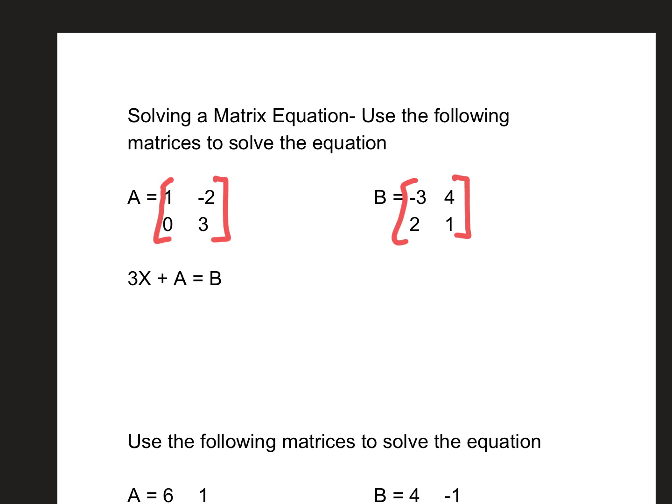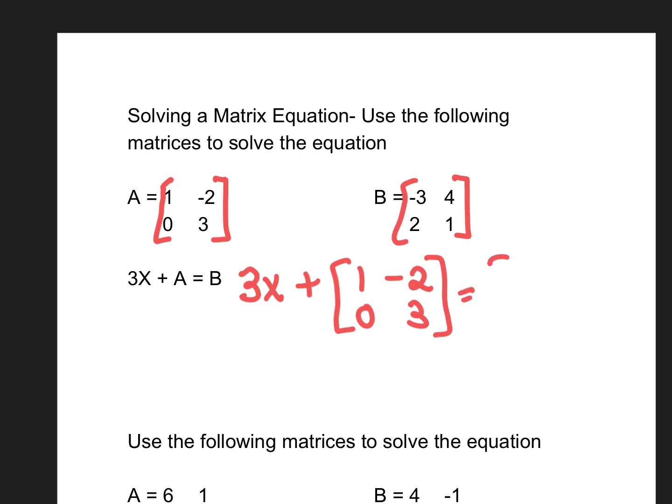We want x by itself. So that means we're going to take 3x. Okay, we're not going to do any dividing anything just yet. Plus A. We know A is the matrix 1, negative 2, 0, 3. And it is going to equal B, which is negative 3, 4, 2, and 1.